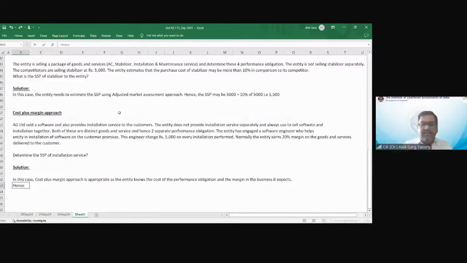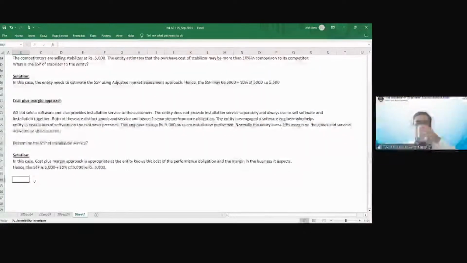Hence, the standalone selling price is 5,000 plus 20% margin of 5,000, that is 6,000 rupees. I hope this is clear to all of you. I have written this question.